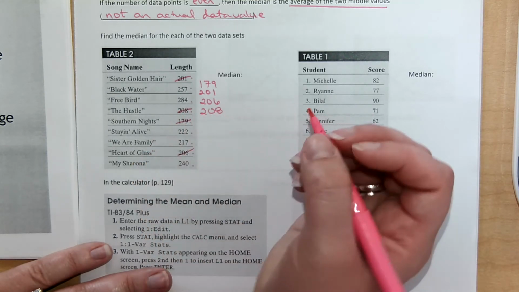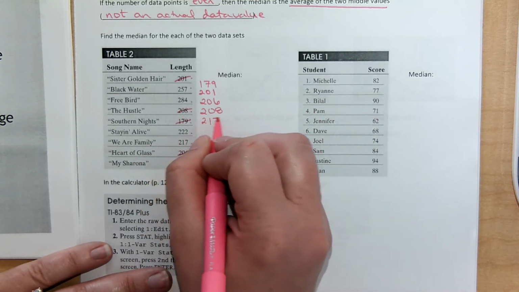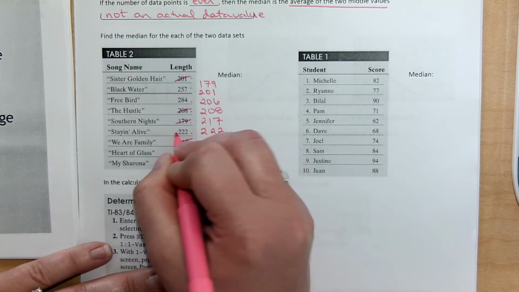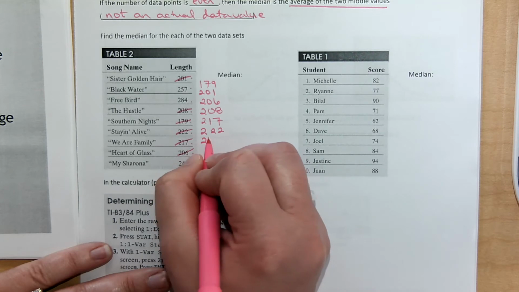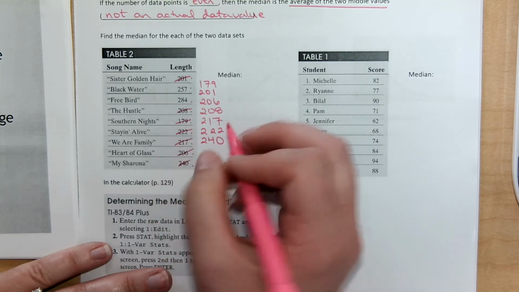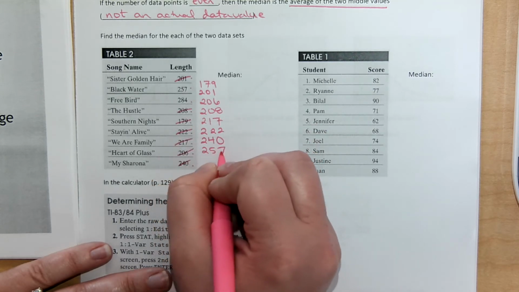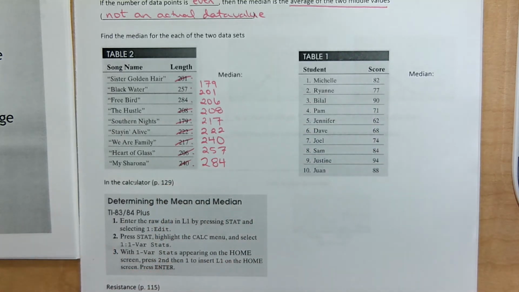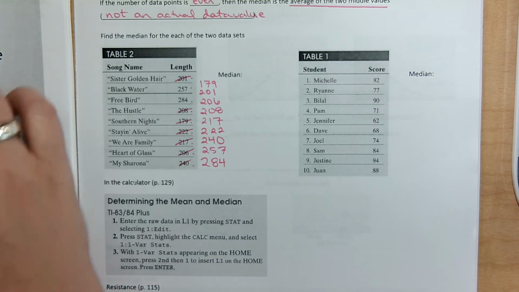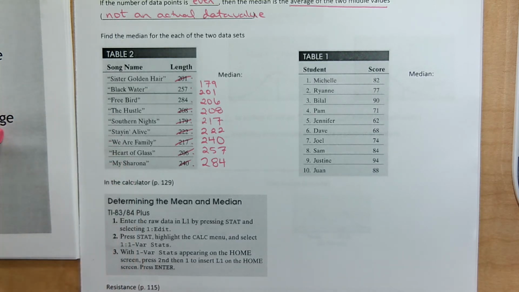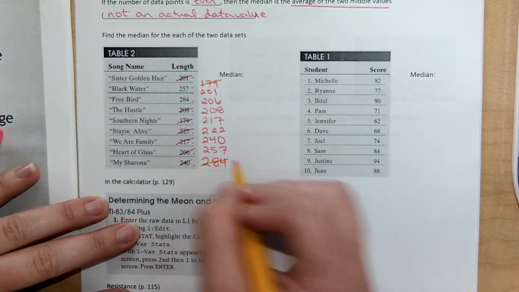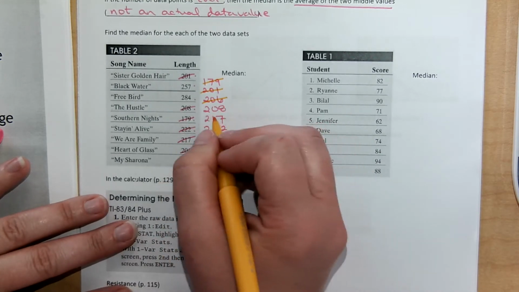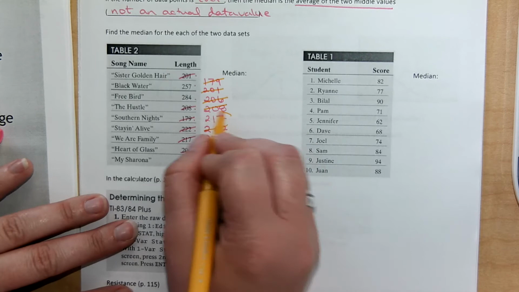208. Let's see, 217, 222, 240, 257, and 284. So least to greatest. And then you want to go along, and what I like to do, the way I find the middle, is I mark off the smallest and the biggest, and then the next smallest and the next biggest, bottom and top, until I get to the middle.